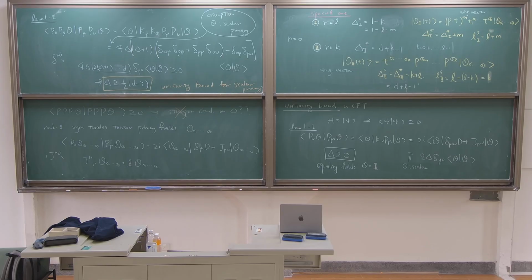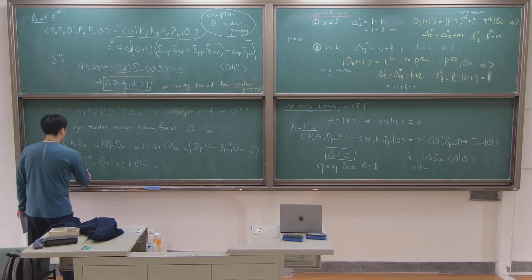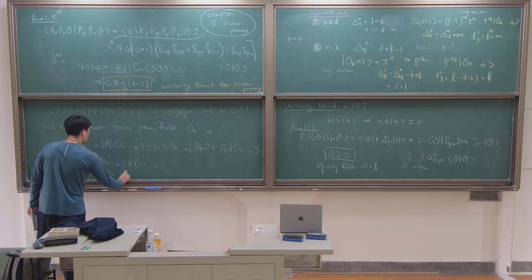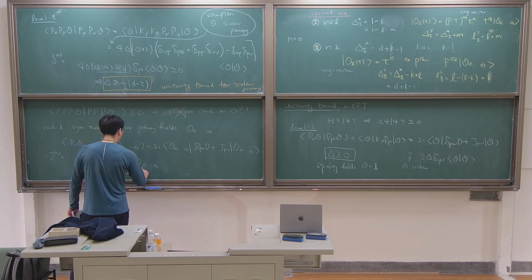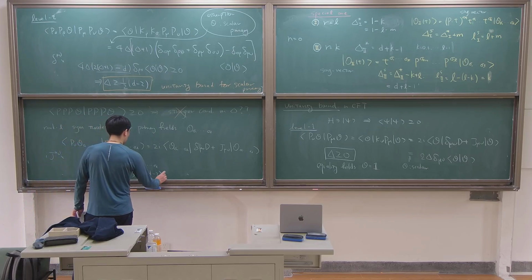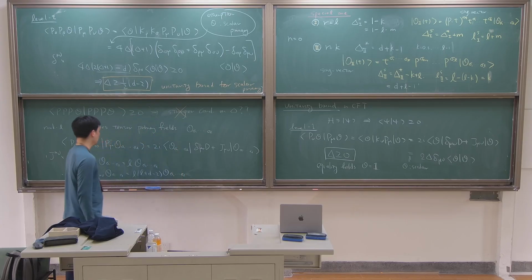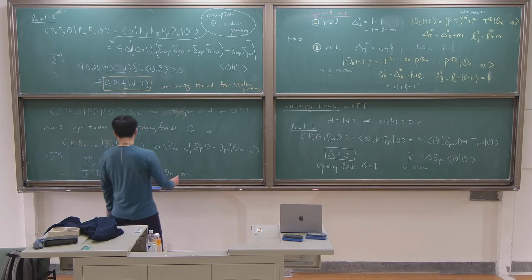Then J mu nu acts on this symmetric operator, which gives L plus D minus 2. This is a Casimir operator.